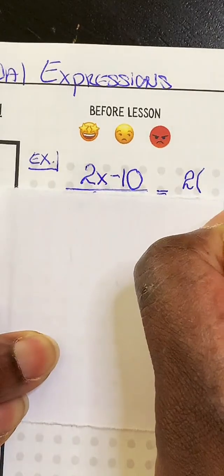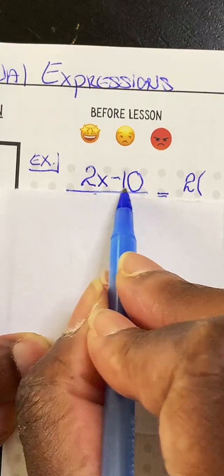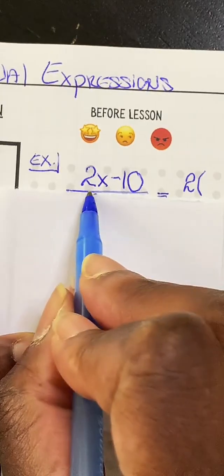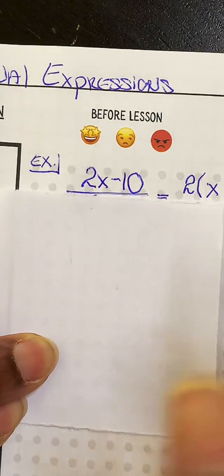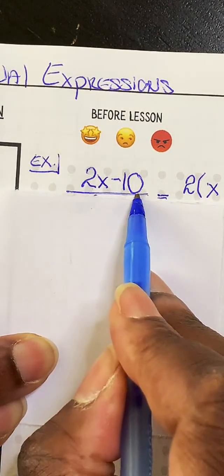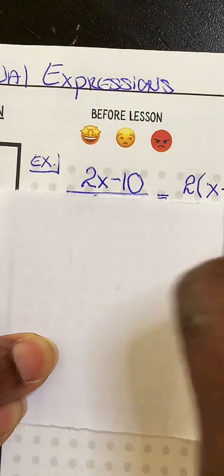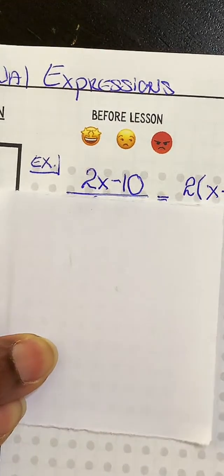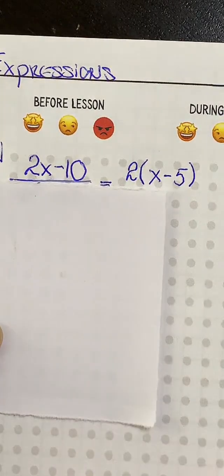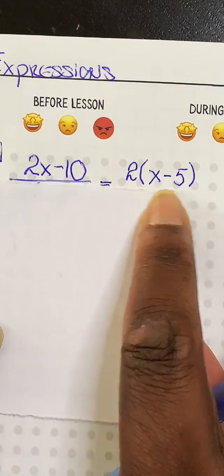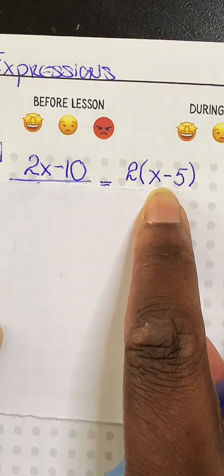When I factor out the 2, what remains is what I divided the 2x and the 10 by 2. 2x divided by 2 gives x, and negative 10 divided by a positive 2, signs are opposite, so it's going to be a negative 5. So now this is completely factored because inside the parenthesis we have x minus 5. That's what's called a linear function, and it can't be broken down any further.